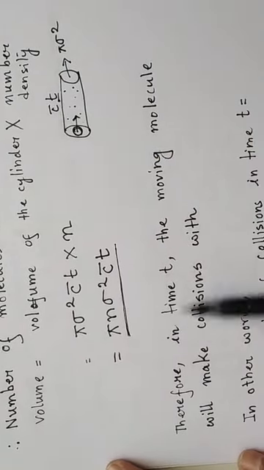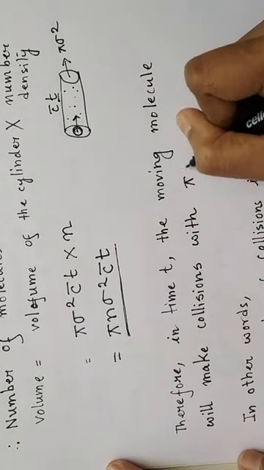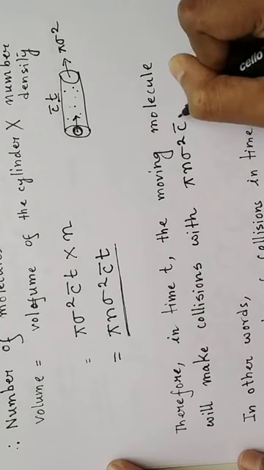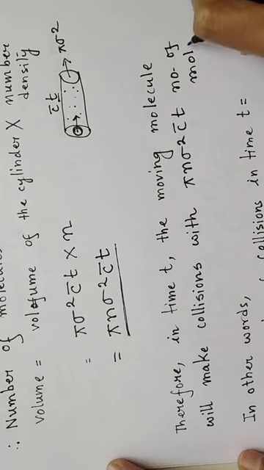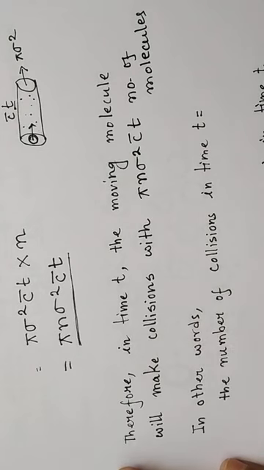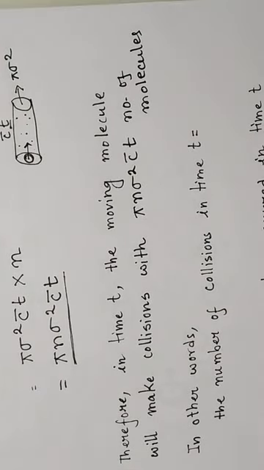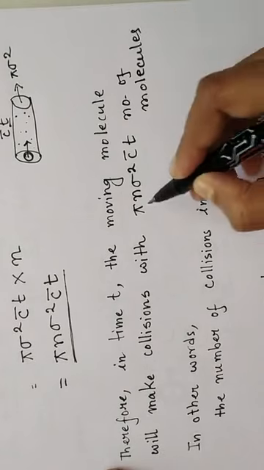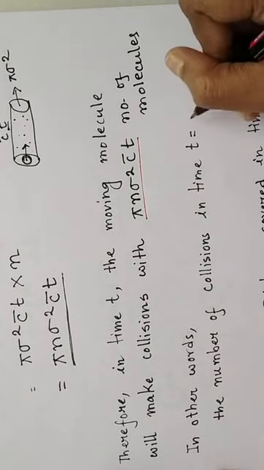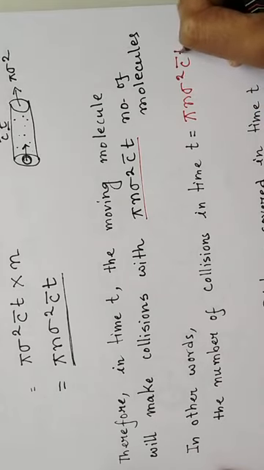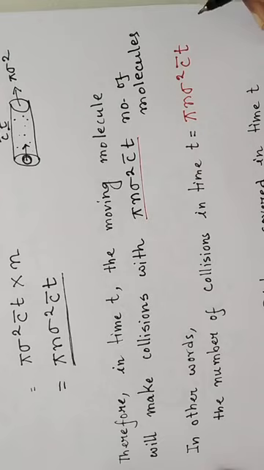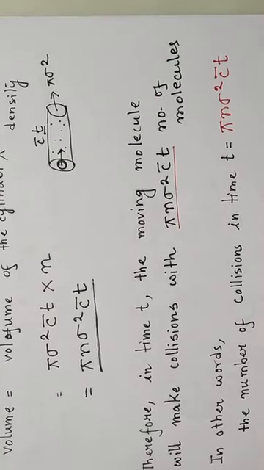Therefore, we can say that in time t, the moving molecule will make collisions with pi n sigma square c bar t molecules. In other words, the number of collisions in time t is pi n sigma square c bar t, as these many molecules are contained within this imaginary cylinder.